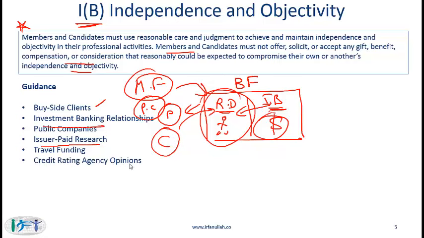Credit rating agency options. We change gears a little bit here, and let's say that there is a friend of yours. So this is your friend. He works at a credit rating agency. You write reports on pharmaceutical company stocks, and let's say that this friend of yours issues credit ratings to bonds that are issued by pharmaceutical companies.